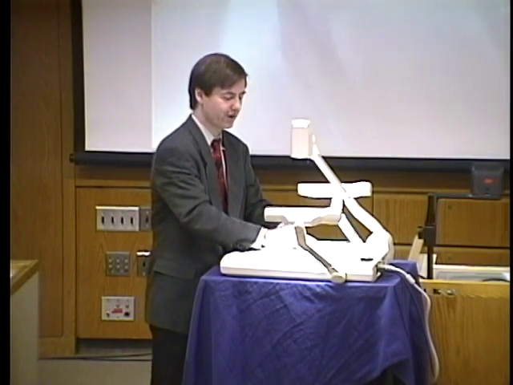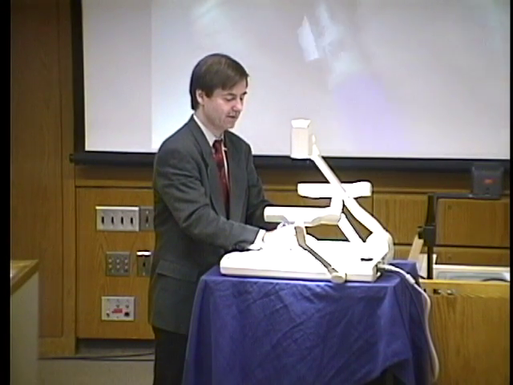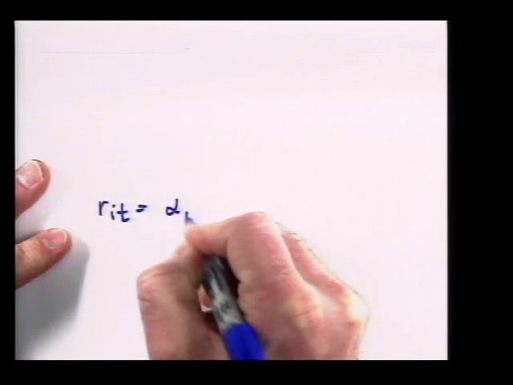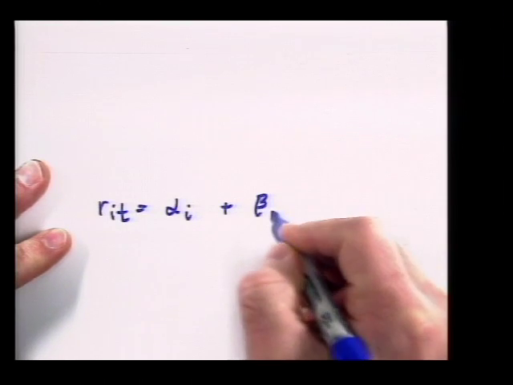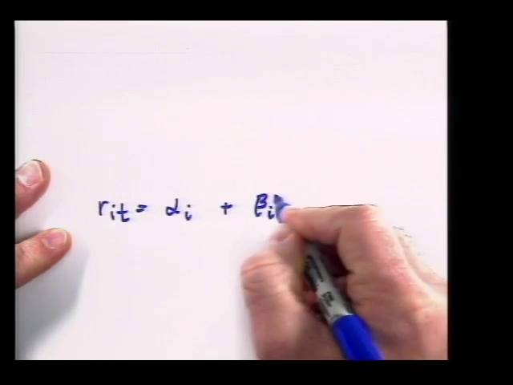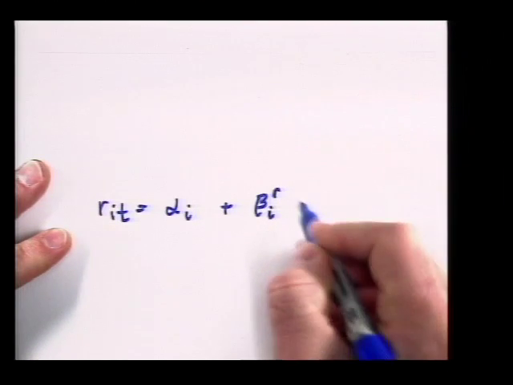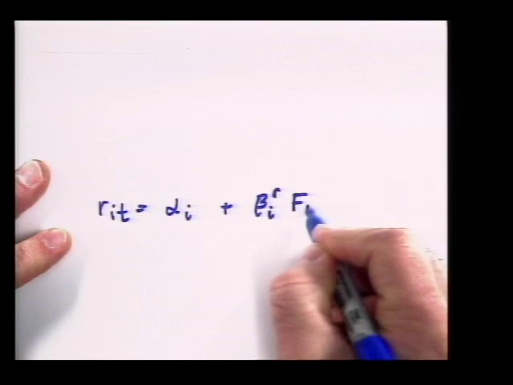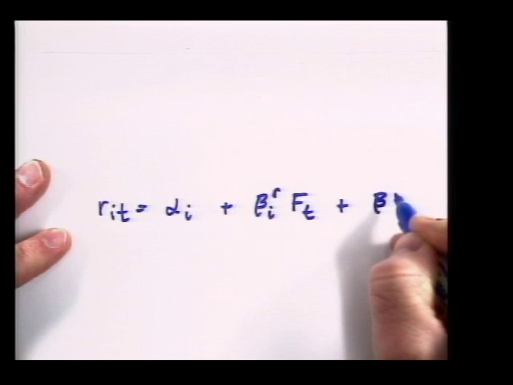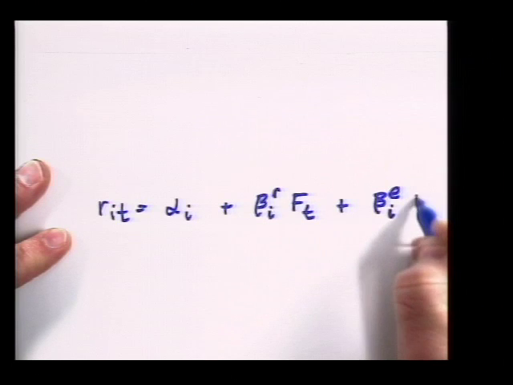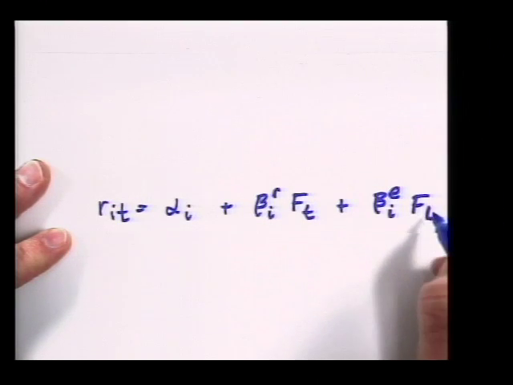Well, I could write out a regression of R_it equals alpha_i plus beta_i, with an R subscript on this, times F_t, plus beta_E, for expansion, times F_t.